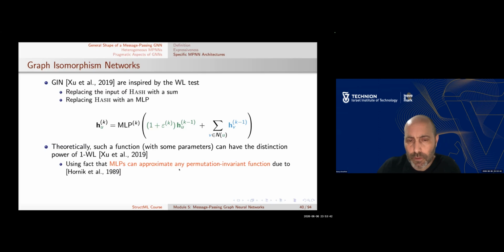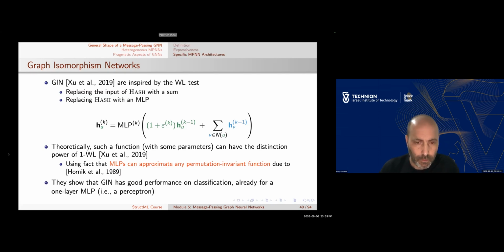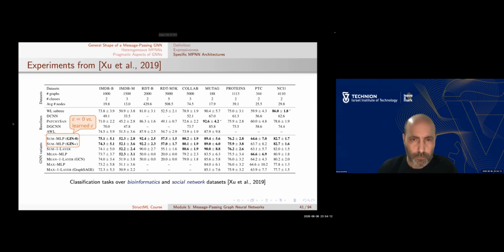And this is a special case of a more general, known statement about MLPs, multi-layer perceptrons. And they show that GIN has good classification performance, even if your MLP, this multi-layer perceptron, is actually a perceptron. It has only one layer. But to get to the good numbers, they need multiple layers.